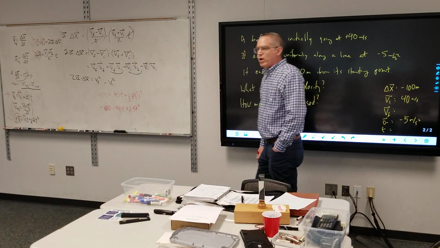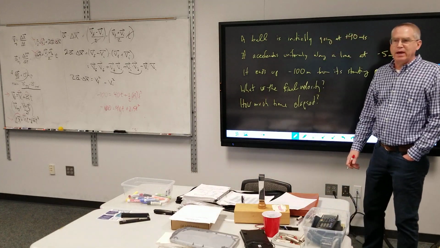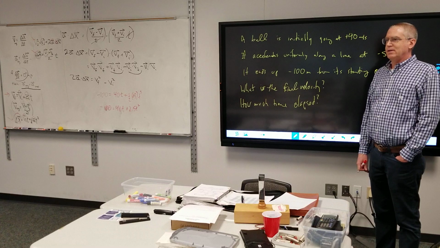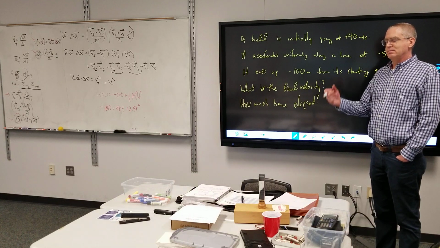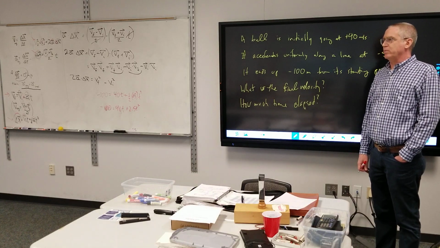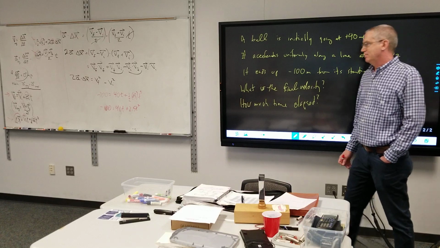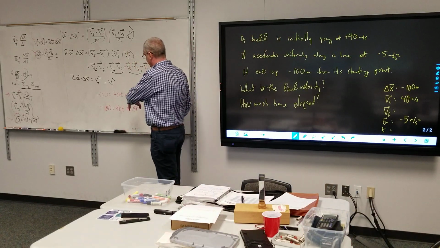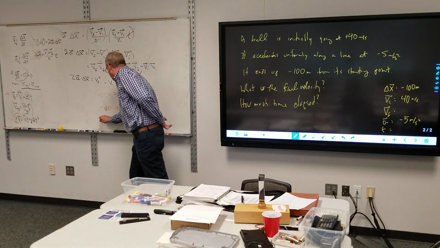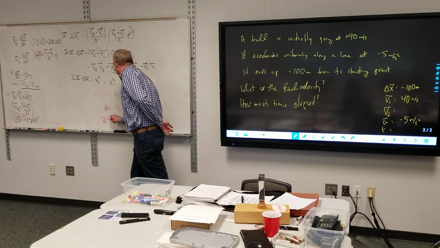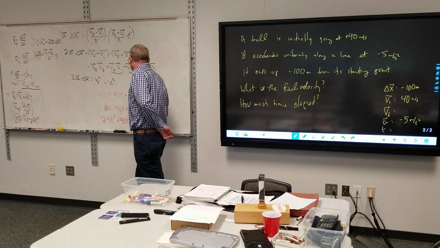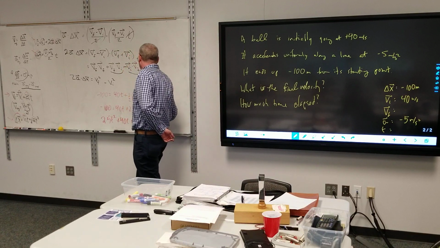And so now I have a quadratic equation. How do you solve it? Quadratic formula. So what do you have to do first to use the quadratic formula? Get it set equal to 0. So 2.5 t squared plus 40t plus 100 equals 0.